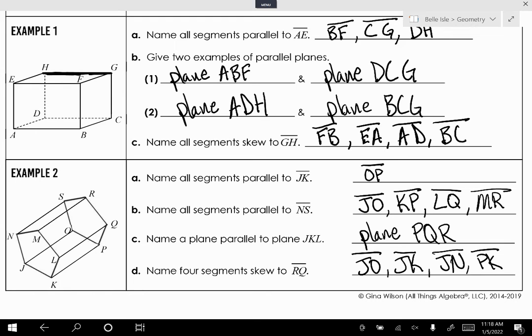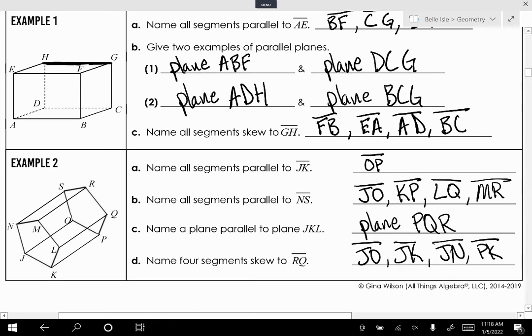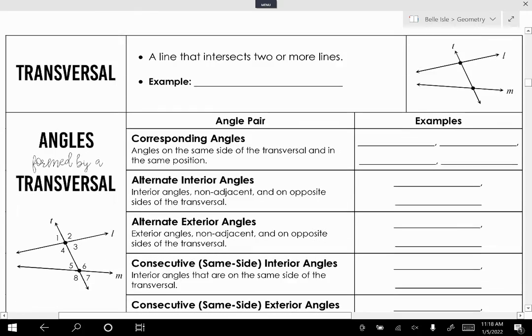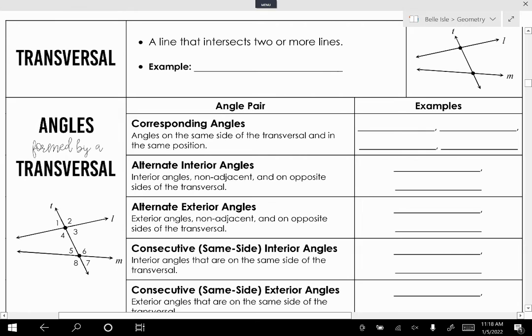Okay. Let's go to transversals. I already heard somebody say it, but transversals, okay? That sounds like our class. A line that intersects two or more lines is a transversal.